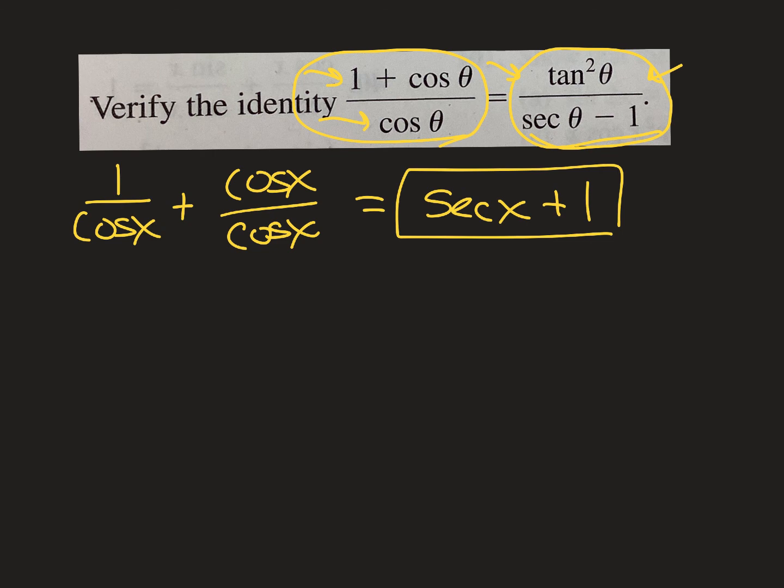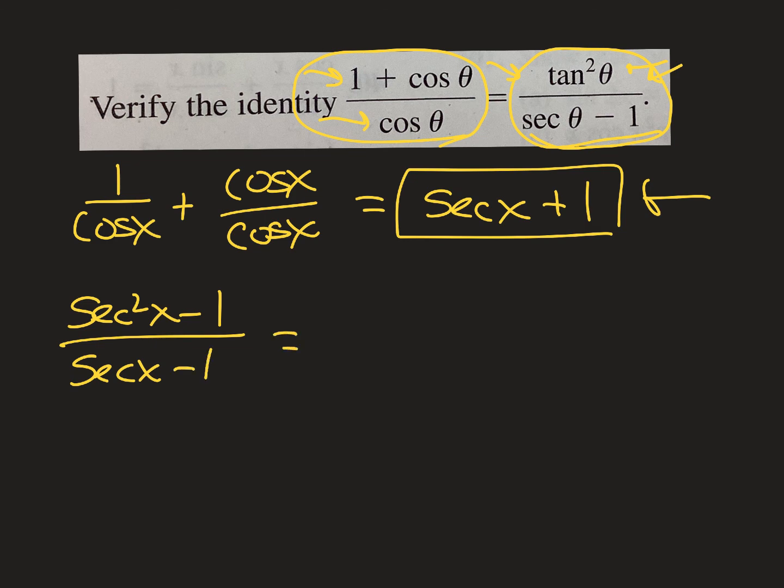Okay, so I'm going to pull a trick out of my hat right here. Tangent squared. Notice what I want. I want to get a secant and a plus 1. I don't want tangents anywhere. And here's what I know. I know from way back, and it's on your first slide today, that tangent squared plus 1 is secant squared, which means tangent squared is secant squared minus 1. So I'm going to take that tangent on top and make it say secant squared minus 1. That just rearranged that Pythagorean one.